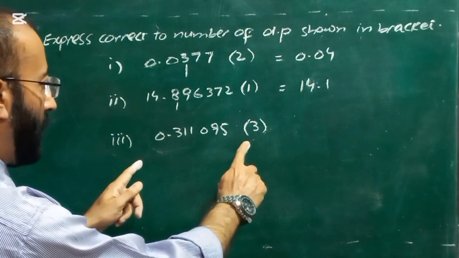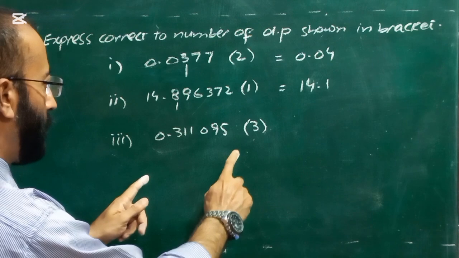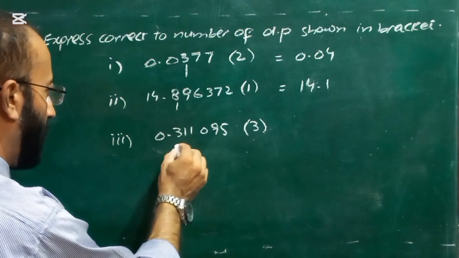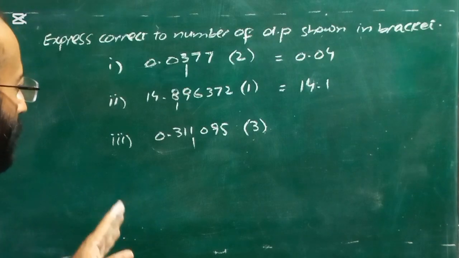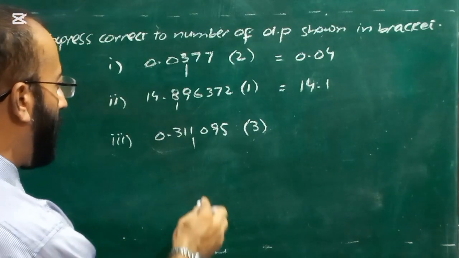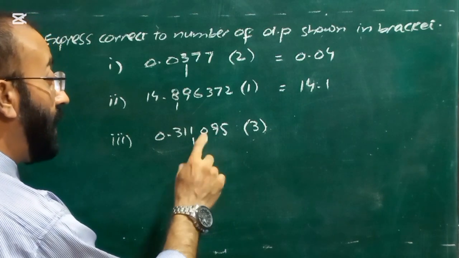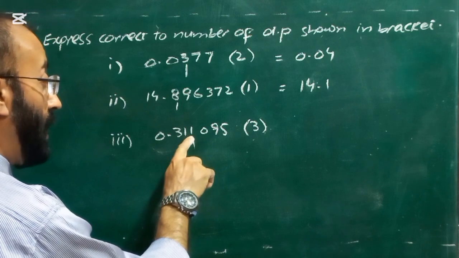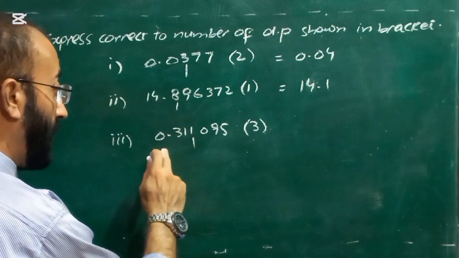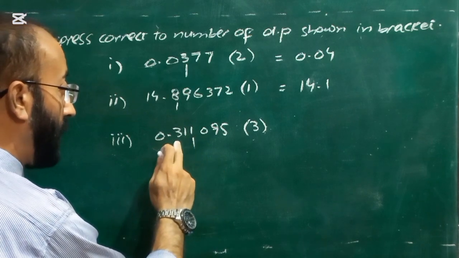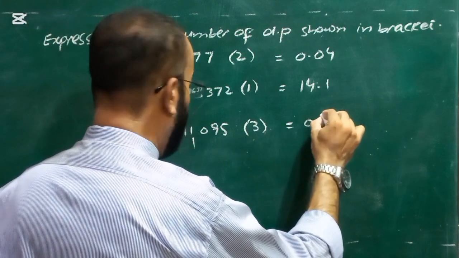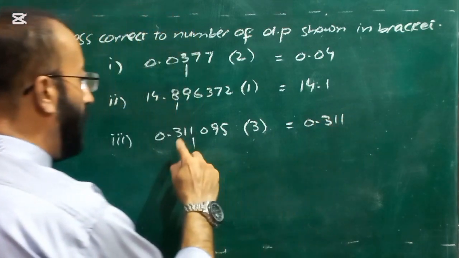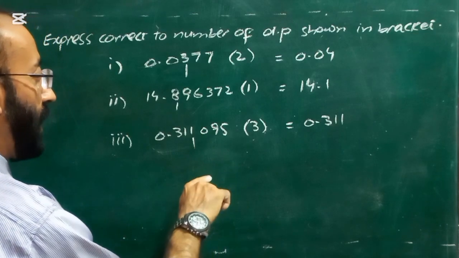In this number we are required to round off up to 3 decimal places. So 3 decimal places are up to this one. So we will look at the number immediately after this. This is lesser than 5, so this number will remain as it is. So the answer will be 0.311. It will remain as it is because the next number is lesser than 5.